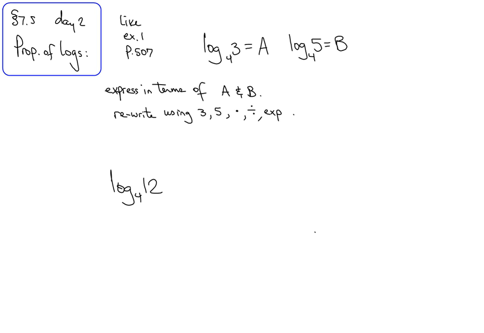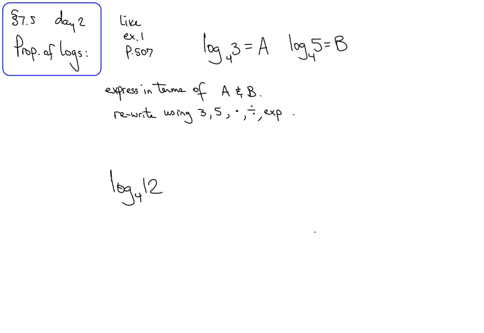How do we rewrite 12 using 3's and 5's and multiplication, division, and exponents? I thought you guys said this was easy. What's that? No? Because remember, you can't use any adding in here, right? When you break it apart, you can, but not when you rewrite it.